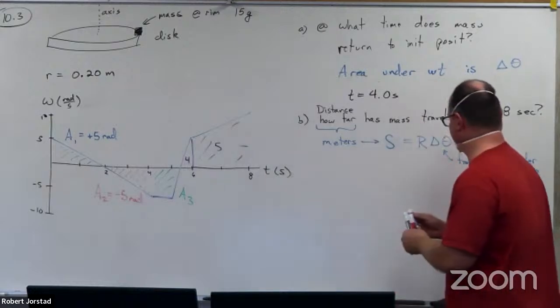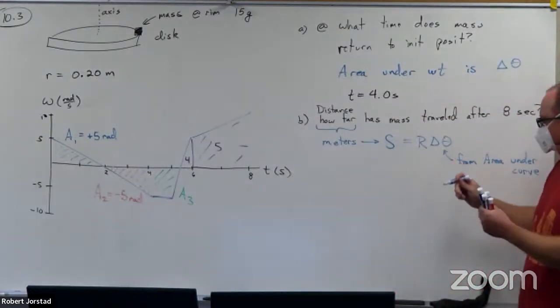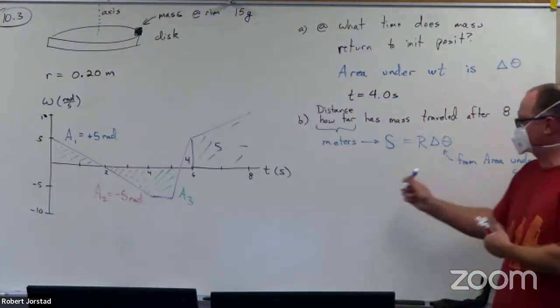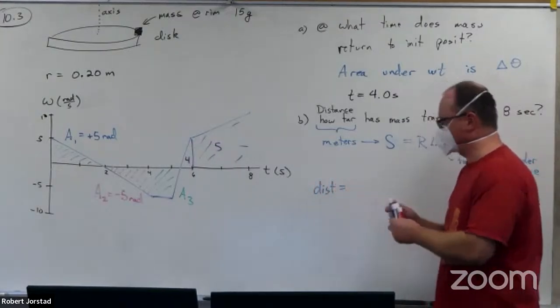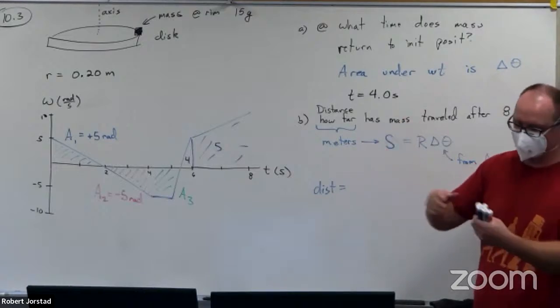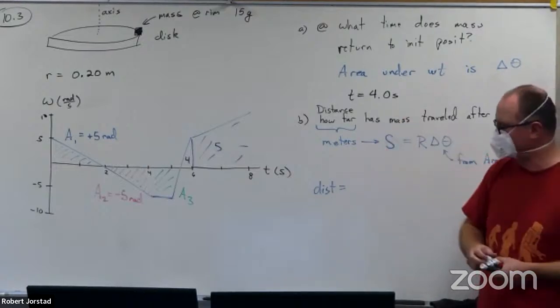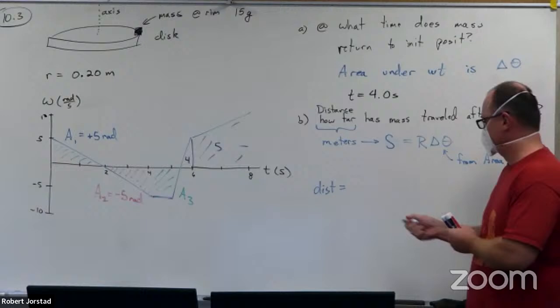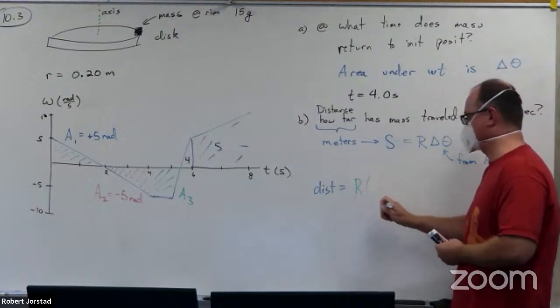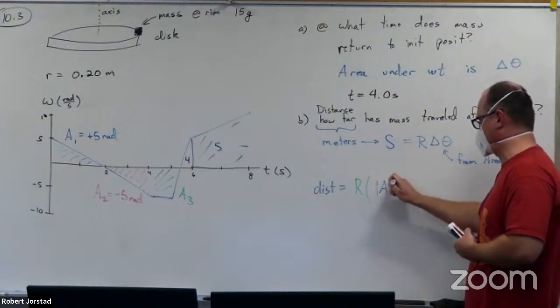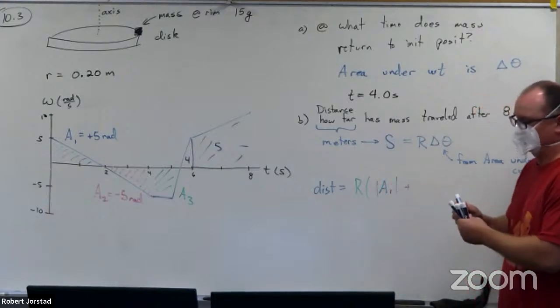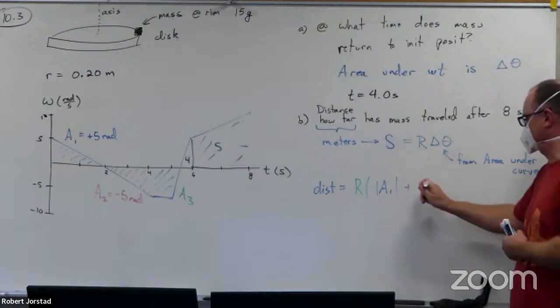we'd have to get the, so how about I say it like this? Distance would equal the absolute value of each of these areas times the radius. So it'd be radius times absolute value of area 1 plus, you know where I'm going with this now?